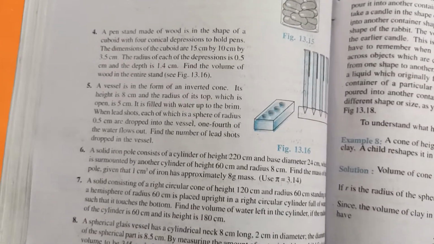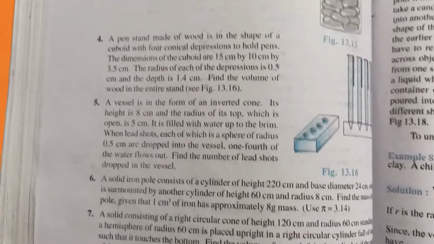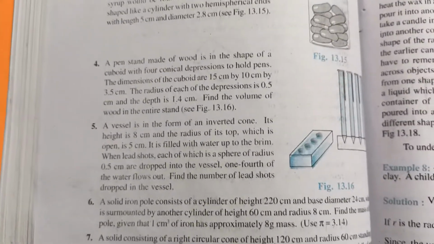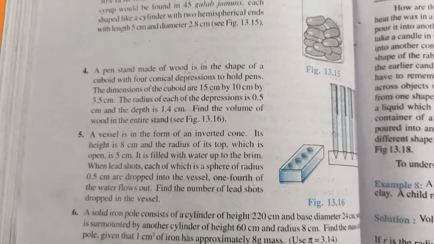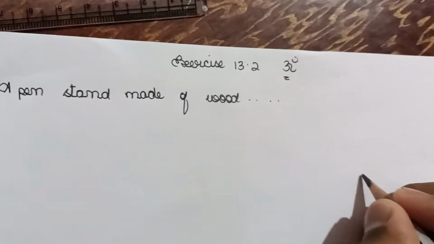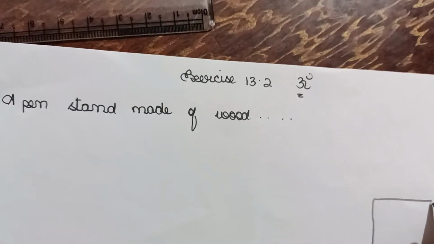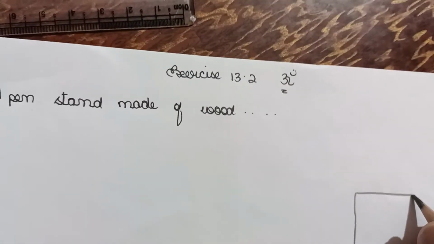So, let us write the information given in the question. The pen stand made up of wood is in the shape of a cuboid. So first let us draw a cuboid. Let us draw the top part of a cuboid for a good view.